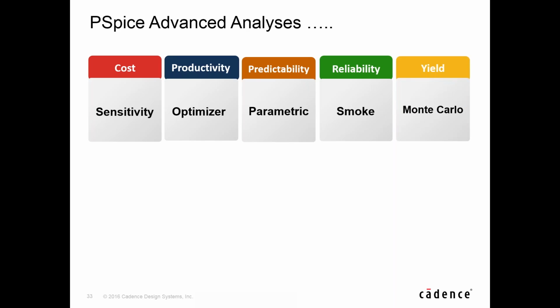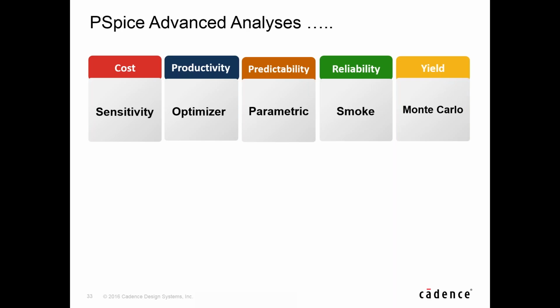And finally, we have Monte Carlo or yield analysis. If you think about this circuit that you've designed, and you may have 50 devices in that design, if you were to go manufacture that, there are different tolerances of those devices based upon how expensive or how cheap the components are.